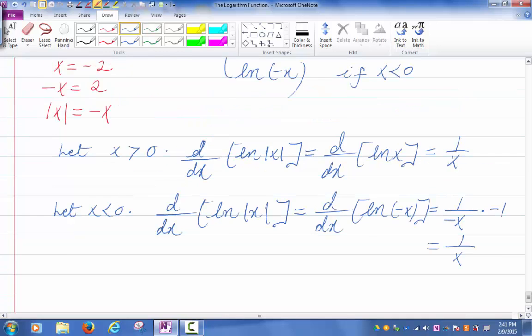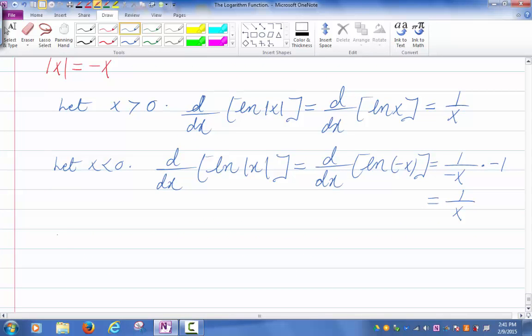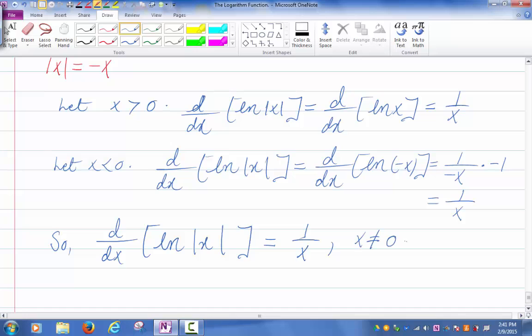So I could say the derivative with respect to x of ln absolute x is 1 over x, as long as x is not 0. Right?